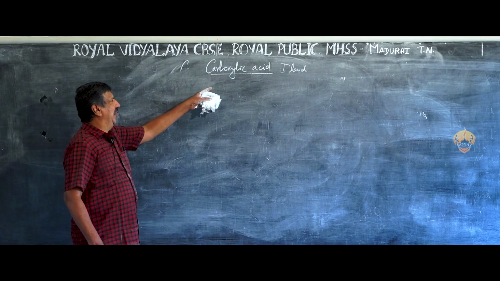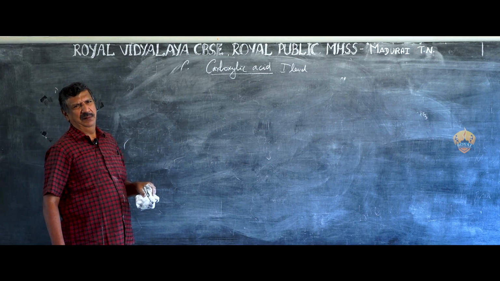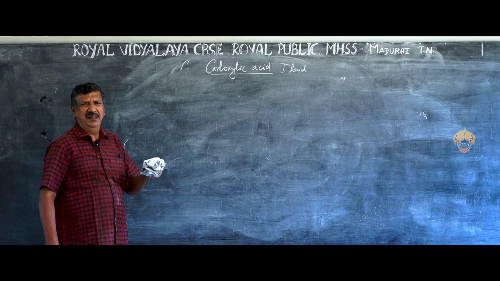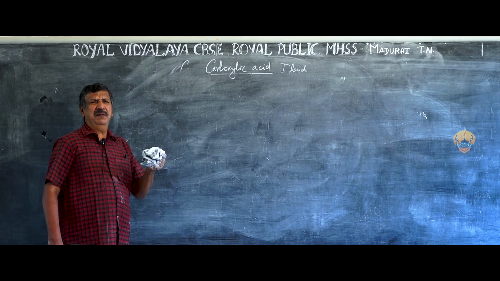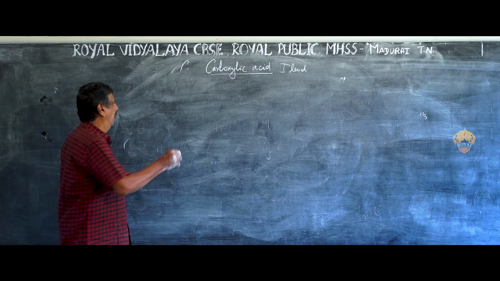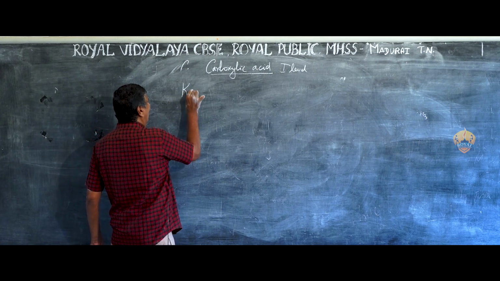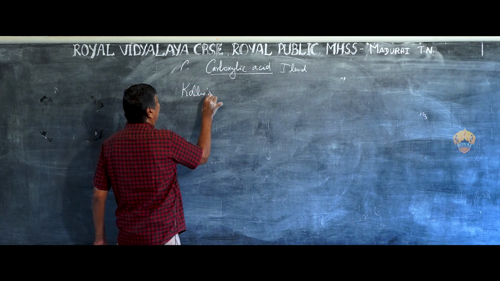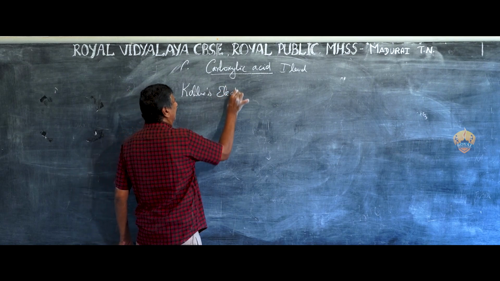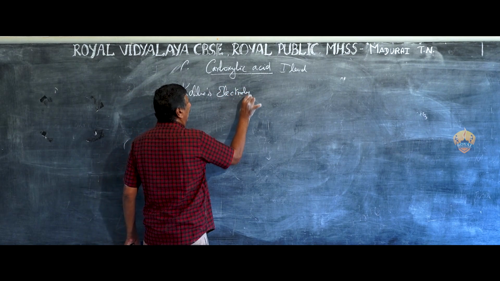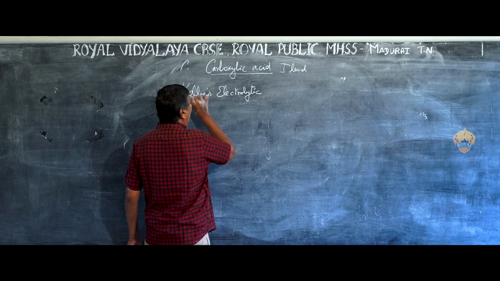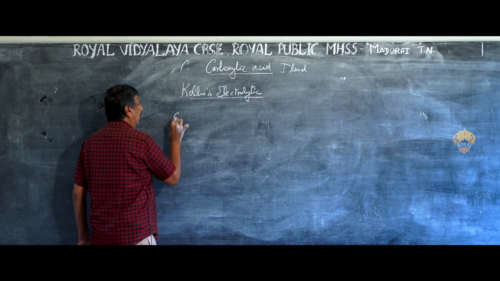Now, we are going to see carboxylic acid. In carboxylic acid, only 2 are naming reactions. One is the Kolbe electrolytic reaction, or electrolysis.